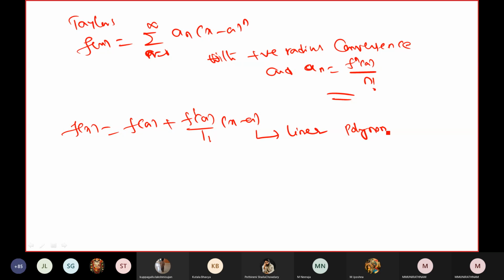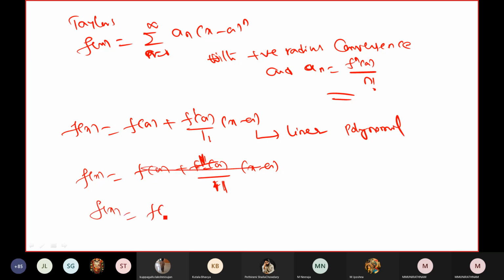This is the linear polynomial. Now suppose I take up to 2: f of x equal to f of a plus f dash of a by 1 factorial into x minus a plus f double dash of a by 2 factorial into x minus a whole square.